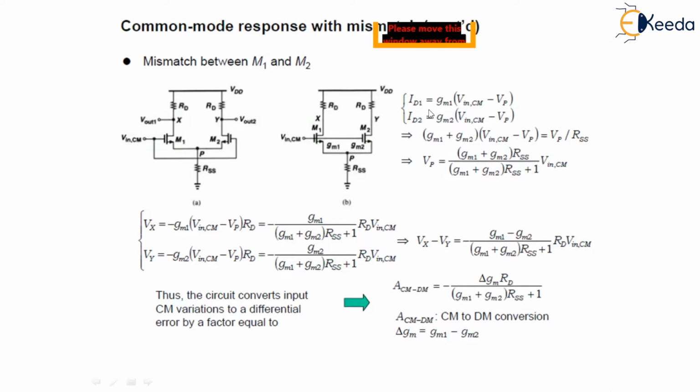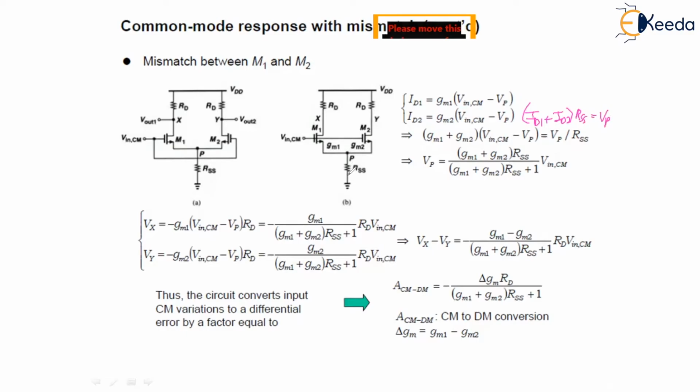We know that the sum of these two currents, ID1 plus ID2, times RSS is equal to Vp. Okay, the voltage at this terminal is Vp.